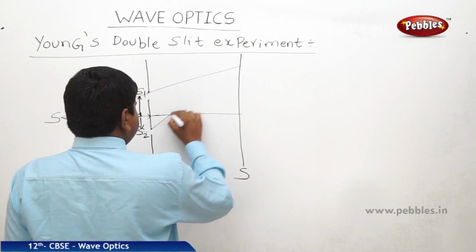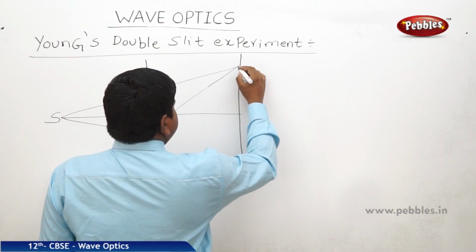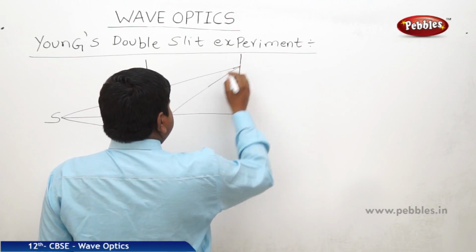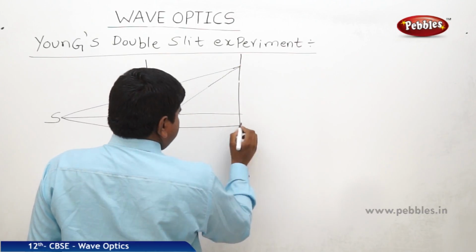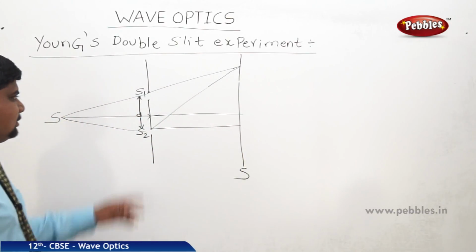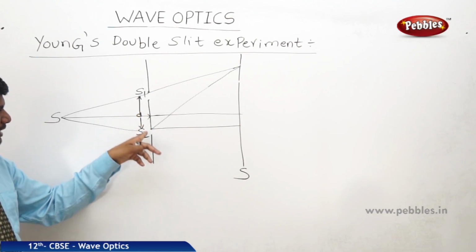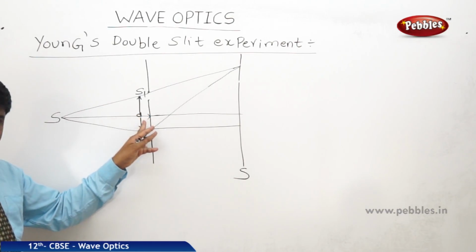And from this also we can draw like this. So this is slit 1, this is slit 2. The gap between slit 1 and slit 2 is small d.